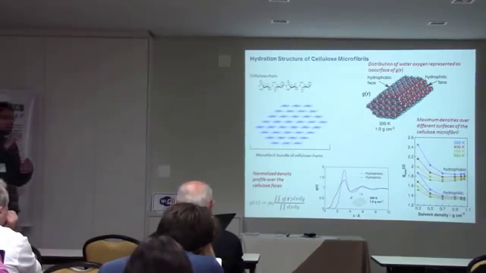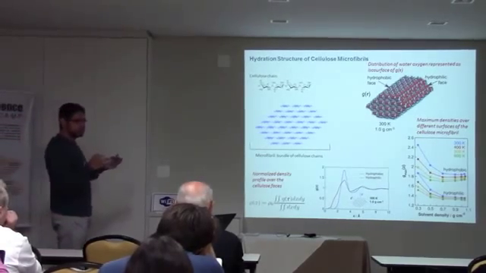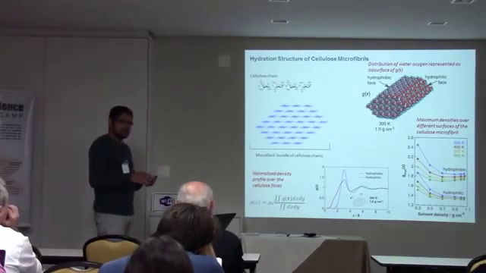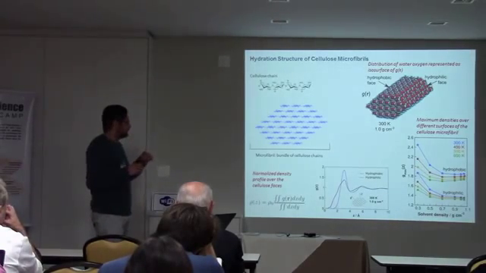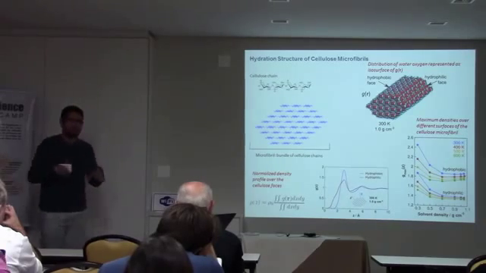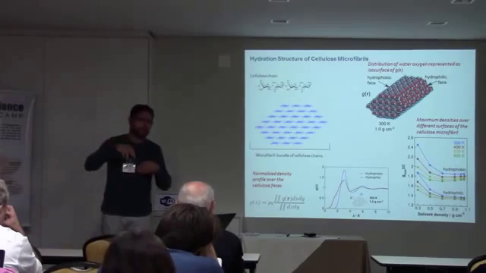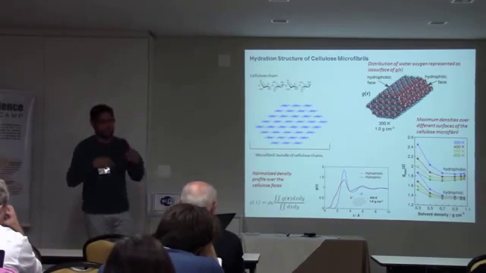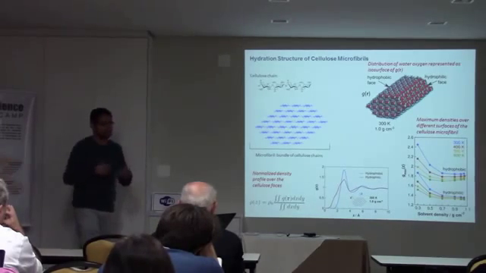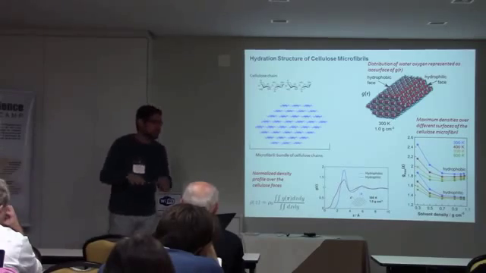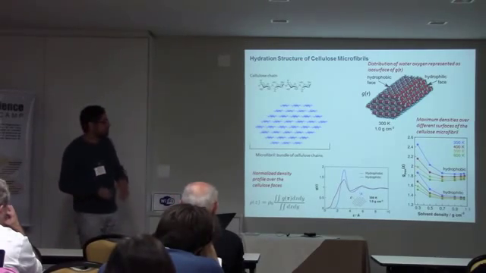So the change of the water structure close to the hydrophilic surface is less intense than over the hydrophobic surface, which doesn't have hydrogen bonds, for example, so the water organizes a lot more over the hydrophobic surface.